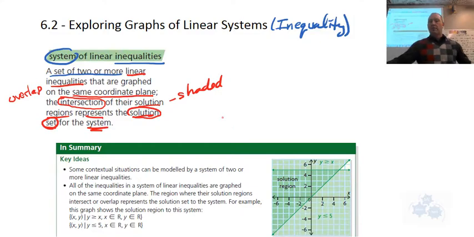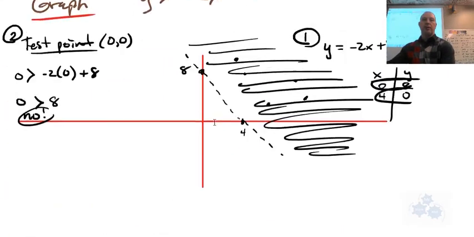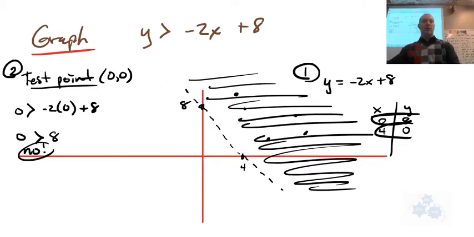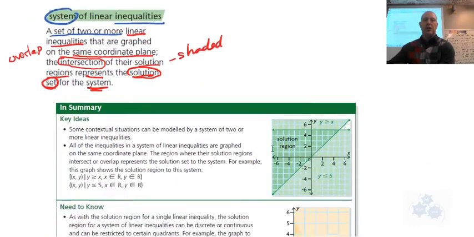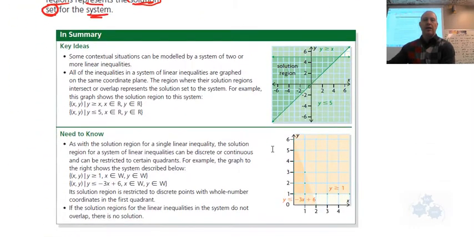We've been working in 6.1 with just a single inequality and shading the region. Well, now it's just a small addition here, and as you look at the summary and the key ideas in your textbook, it's on page 307, if you want to go there.